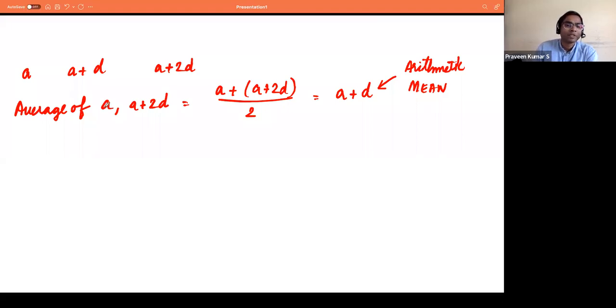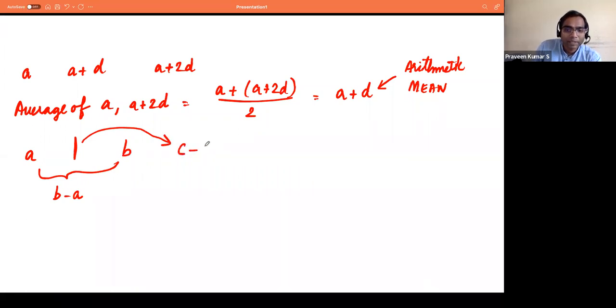If you are given two numbers A and B, the difference between these two numbers will be B minus A. This number which is going to be there at the center, let's say this is C. C minus A will be equal to half this gap, so half of B minus A. Am I right?